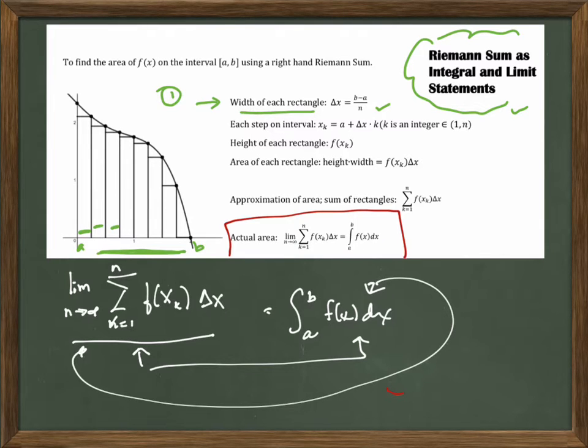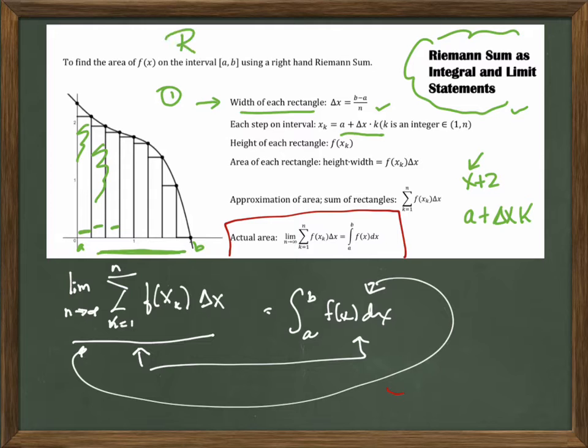And then each step interval, okay, do you remember, you want to see what you do with the x. So if you have a function like x plus 2, what do I put in place of that? That's the second step you do. And if you remember, it's a plus delta x k, where k is the first rectangle, and the next one, k equals 2, would be the second rectangle.